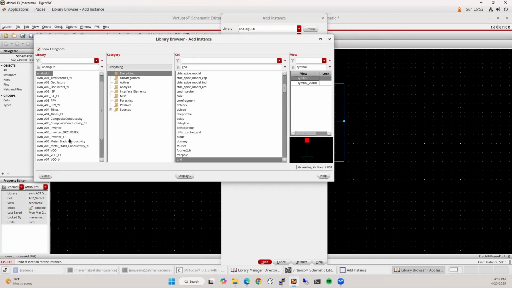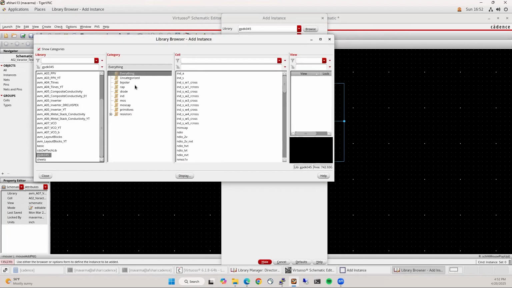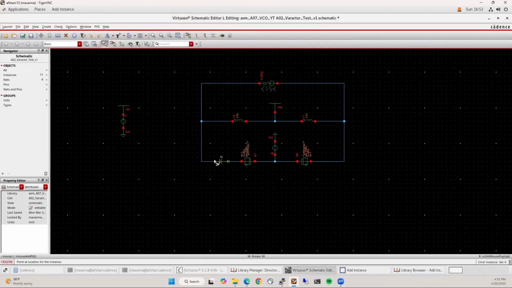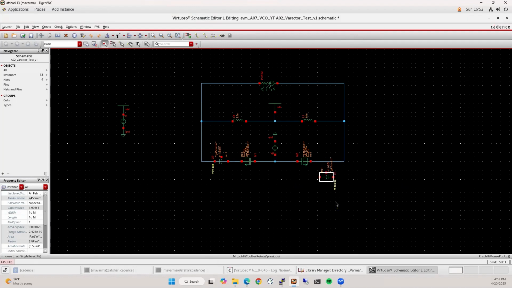The other thing I want to do is go to GPDK. We will actually also use a MIM cap because we want to provide separate bias. Let me actually put this in and I'll explain what I'm trying to do.